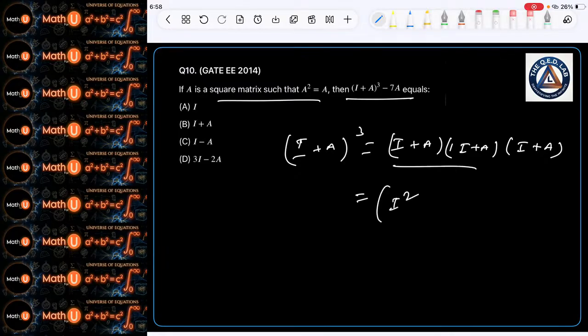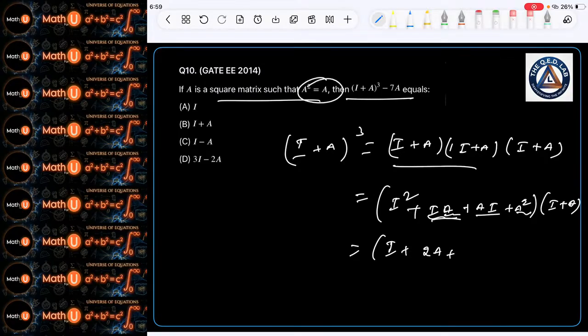I into I square plus IA plus AI plus A square. I square is I only. If you multiply any matrix with the identity matrix, we get the same matrix. That means we get 2A here, and A square is nothing but A. Finally we get 3A.